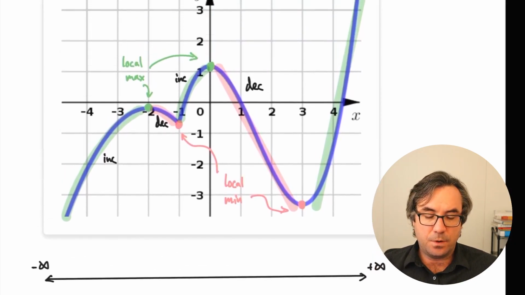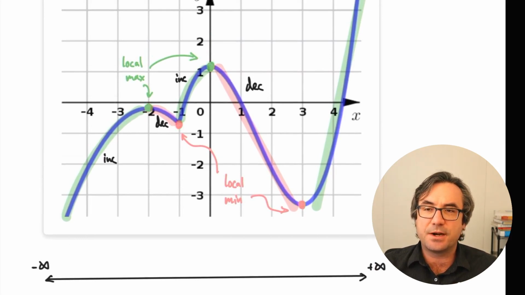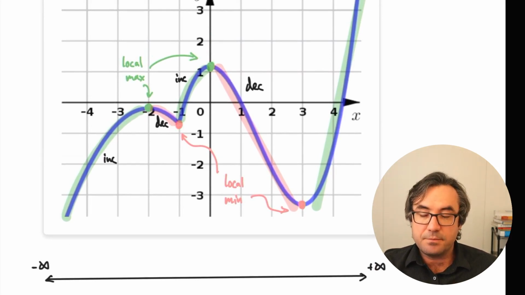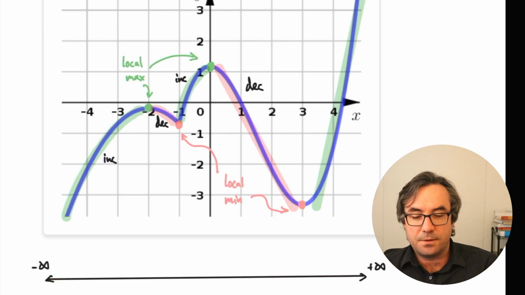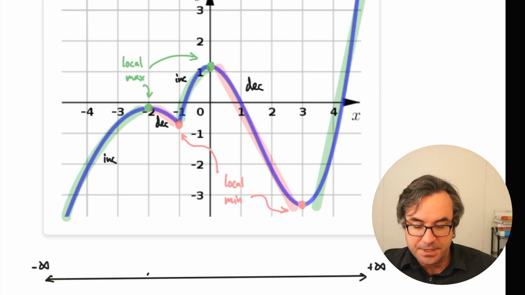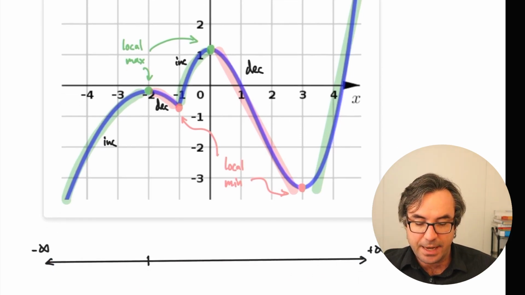First, all of these special points that we identified on our graph, we're going to indicate them on our x-axis. So let's plot x equals -2. Something special happened there. Plot x equals -1.